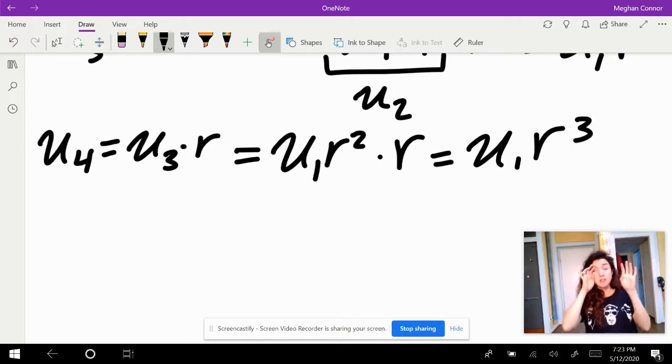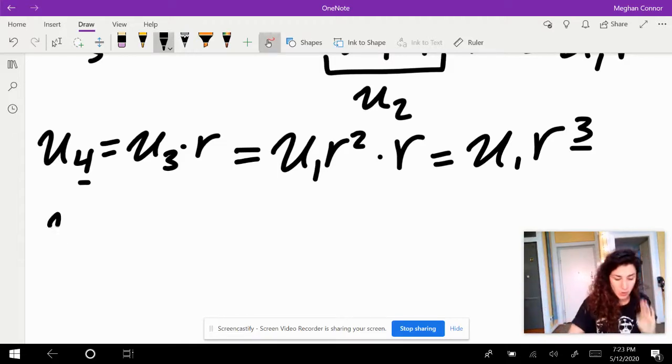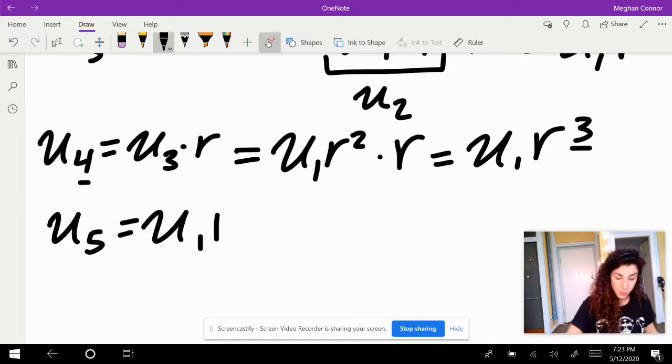Recognize what the pattern is between n and your exponent. Very similar to what we saw with our arithmetic sequences. When this guy is 4, this guy is 3. So it's 1 less. And that'll hold true for all of the terms. U sub 5 will be u sub 1 times r to the fourth power.